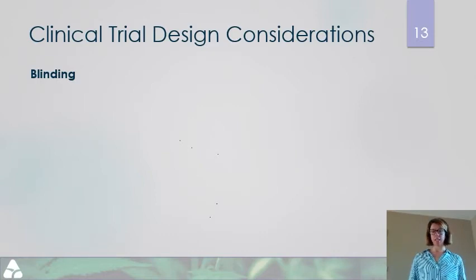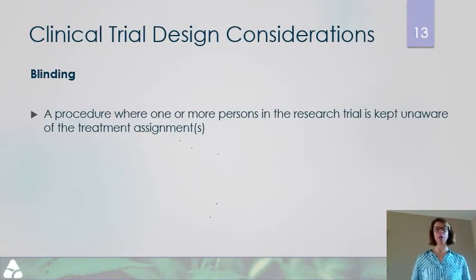So blinding, again, you may have heard of something as being a double-blind randomized control trial. What does that mean? Blinding is basically the procedure where one or more people in the research trial is kept unaware of their treatment assignment.